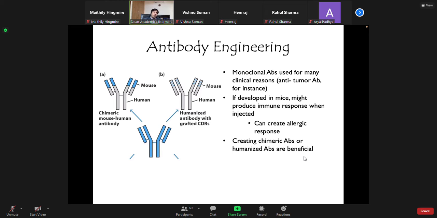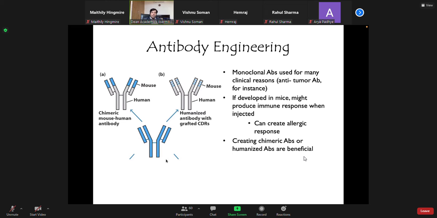So, in order to avoid those reactions, you have to modify this antibody in such a way that it has minimum immunogenicity in the host species in which you are injecting it. That is one of the very critical aspects of antibody engineering, apart from its modification to make it better suited to one function or the other. So that is why you have to do antibody engineering.